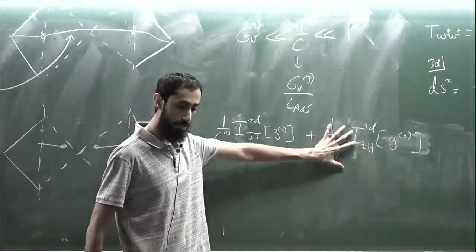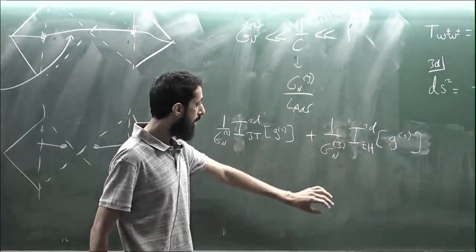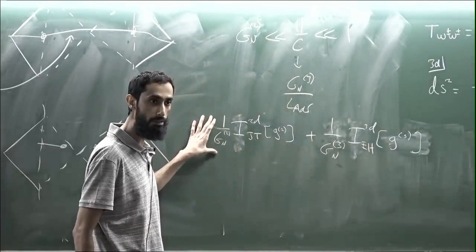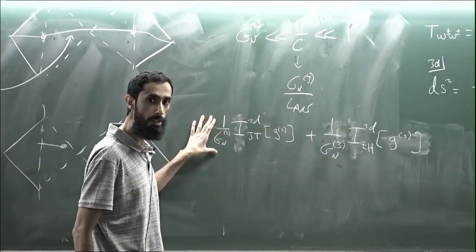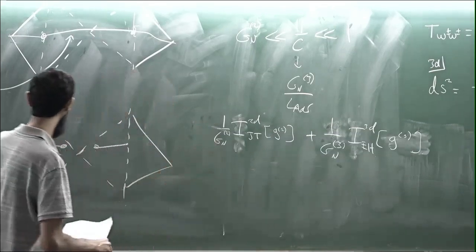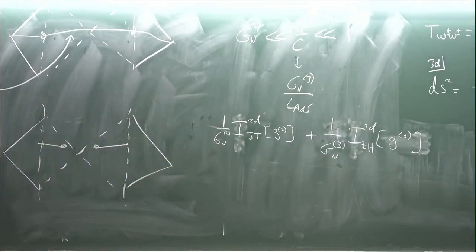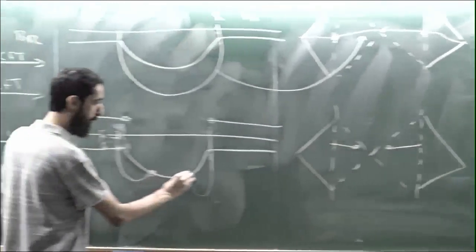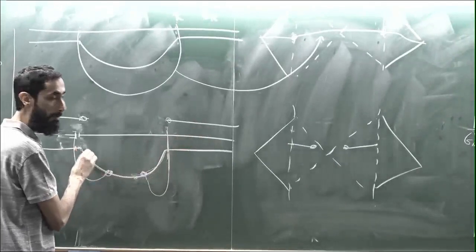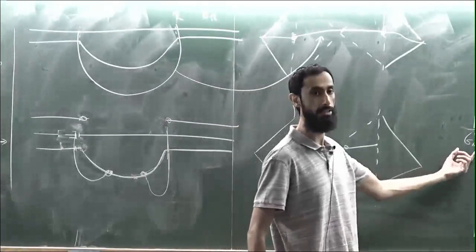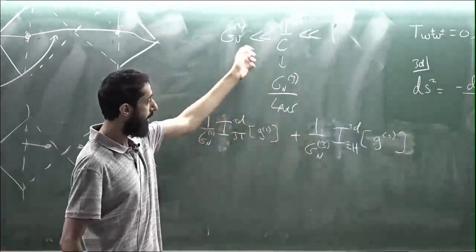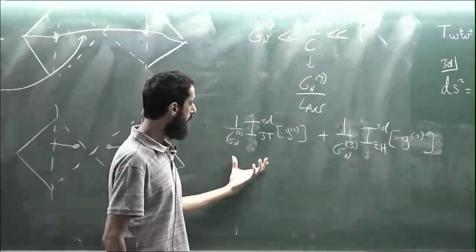This is the action everywhere in the bulk. But I'm explicitly putting a boundary term on the Planck brane. No, the entire Planck brane. You mean which is part of the UV brane? That's what you meant? Yeah. So I'm putting this 2-dimensional JT action just over here, but I'm putting this in by hand. Right? This G Newton is not related to this G Newton 3.